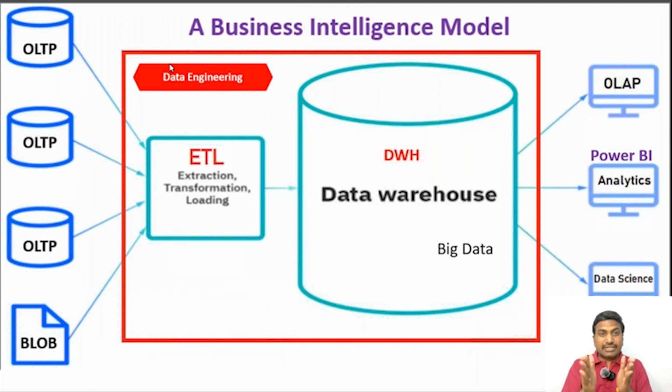That is the data engineer job role, the red box on my screen. And the right side item is analytics, reporting, analytics, dashboarding, predictive analysis, deep learning, etc. So OLTP on the left, warehouse in the middle, and then analytic activities on the right. This is an end-to-end plan.